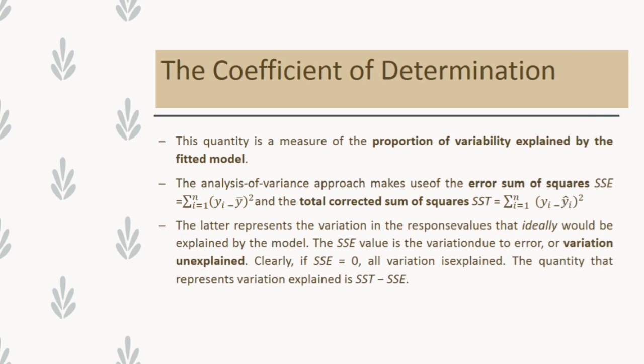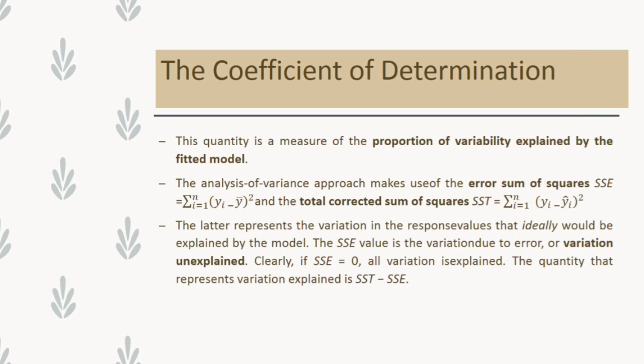The latter represents the variation in the response values that ideally would be explained by the model. The SSE value is the variation due to error, or variation unexplained.